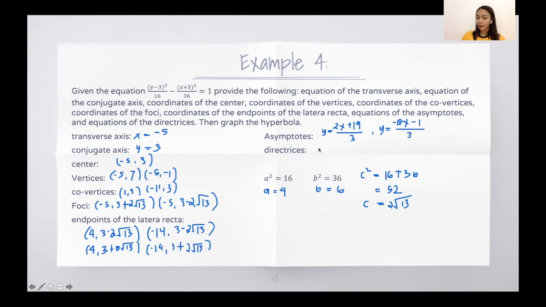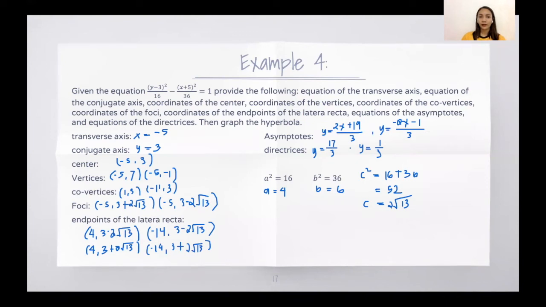For the directrices, we have y is equal to 17 over 3 and y is equal to 1/3. Okay, so I repeat, to find the coordinates and equation of the hyperbola, you need to have the table to complete the coordinates. And then you may now graph.